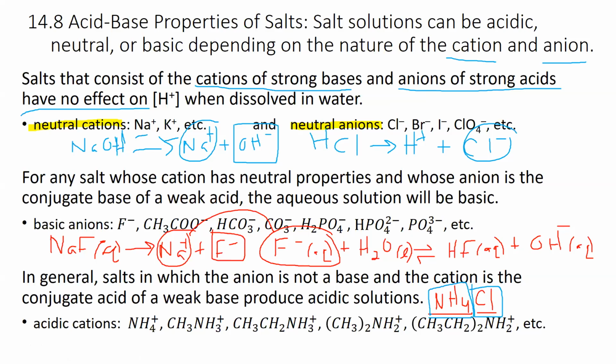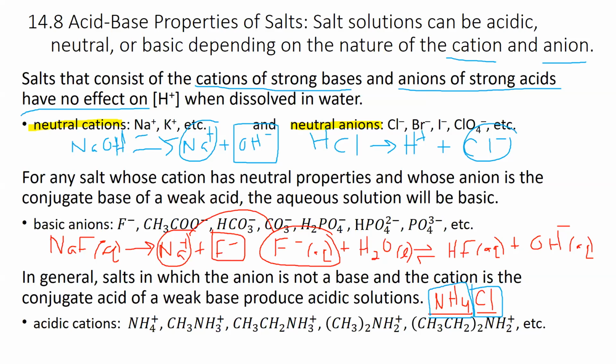All right, so this is a really qualitative version of looking at the acid-base properties of these salt solutions, being able to identify, is it going to be acidic? Is it going to be basic?